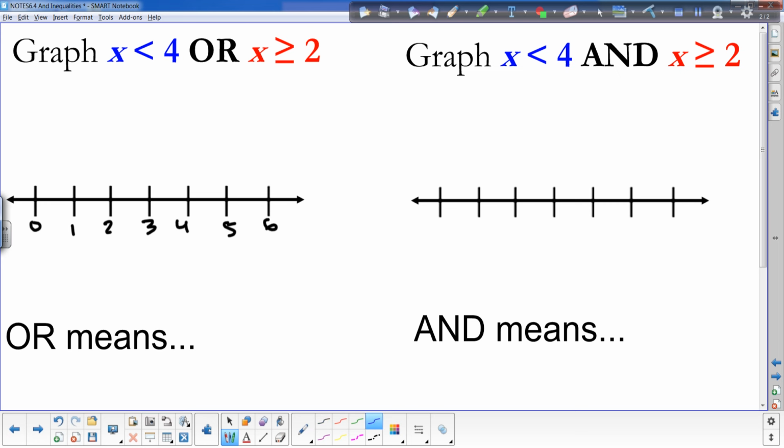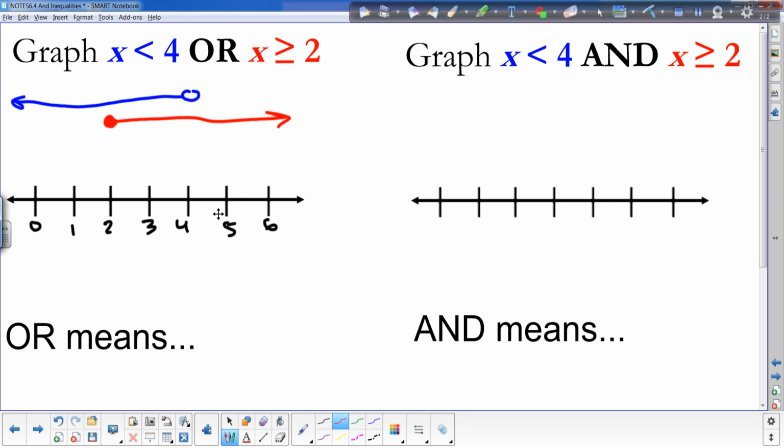And this says X is less than 4, so I'm going to do that above the graph. I'm going to do an open circle at 4 and go to the left. This one says X is greater than or equal to 2, so it's a filled in circle at 2, and it's greater than, so it goes to the right.